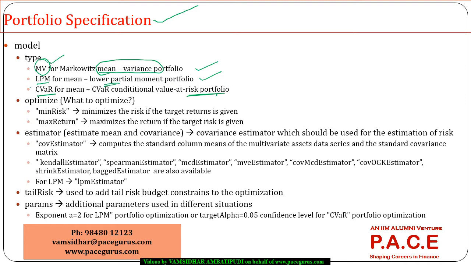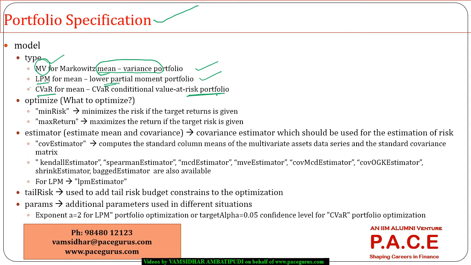The default is the mean variance portfolio of Markowitz itself, but I can very well create a mean lower partial moment portfolio, or I can even create a mean and conditional value at risk kind of portfolio. So the portfolio is prepared based on the mean and conditional value at risk.